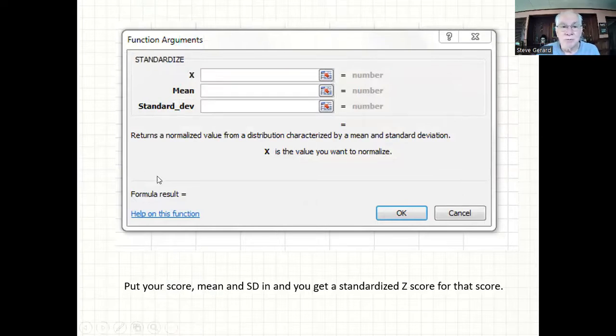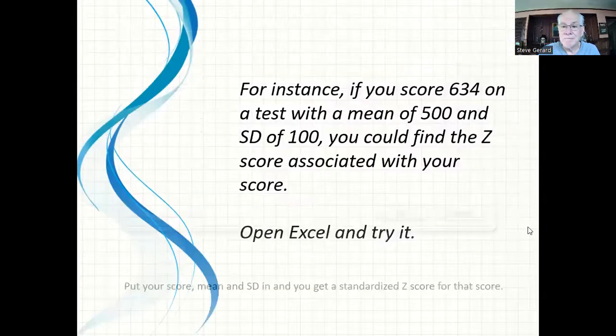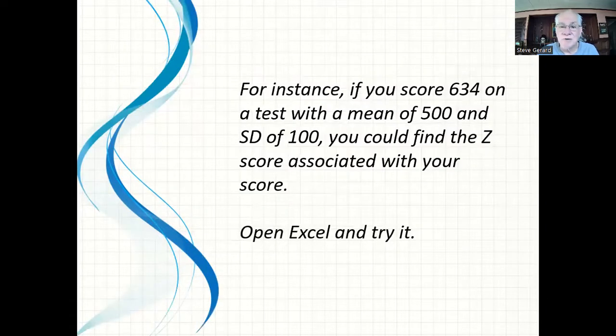And what you do with it is you put in your x, which is the score you want to find the z-score from, put in the mean and standard deviation, and it'll tell you what it is. For instance, if you have a score of 634 on a test with a mean of 500 and standard deviation of 100, what's the z-score associated with your 634?